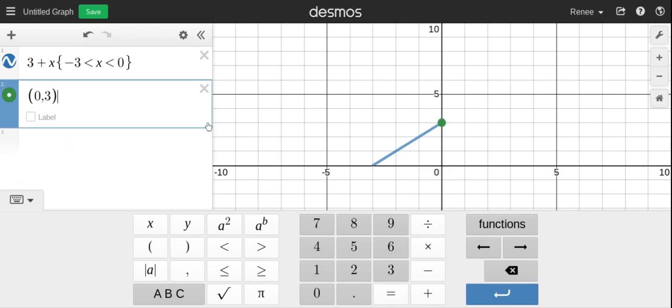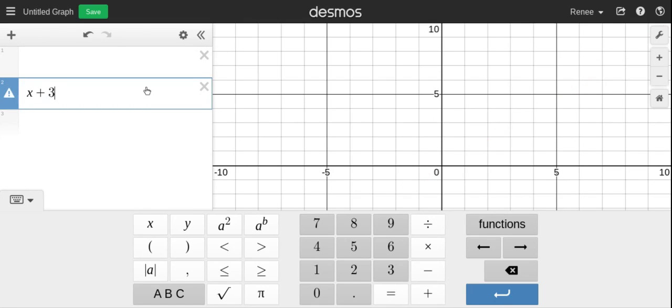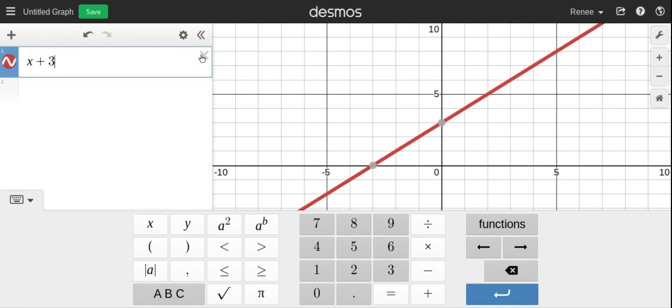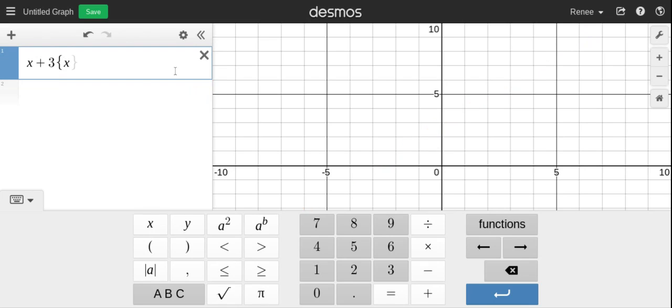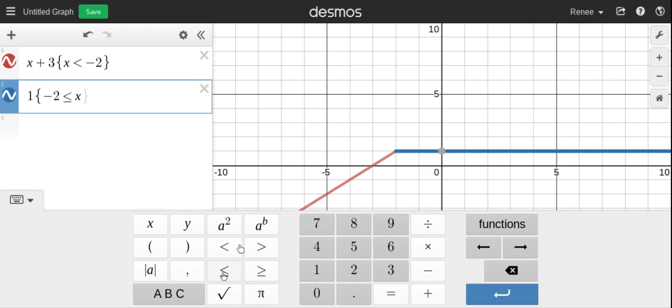All right. Then compare for example number 7. You add x plus 3. These are upside down. Sorry about that. Let me get rid of that one. So x less than -2. This one's not a point, it's a line, so you can do it. 1 is from -2 less than or equal to x less than 0.